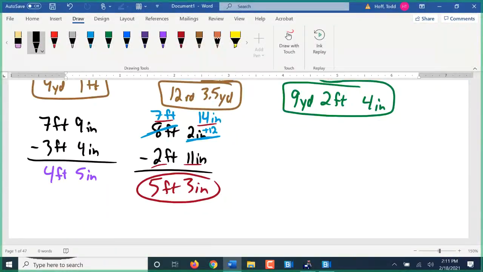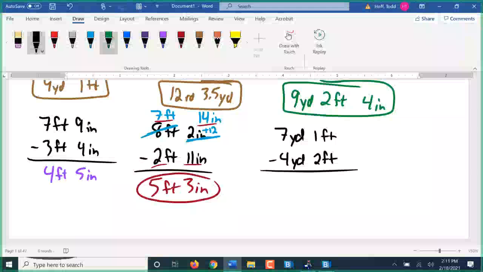We can end up with other units involved again. We might have 7 yards, 1 foot, minus 4 yards and 2 feet. When I go to subtract here, again, I start on the right, work my way back to the left. 1 foot minus 2 feet can't be done.